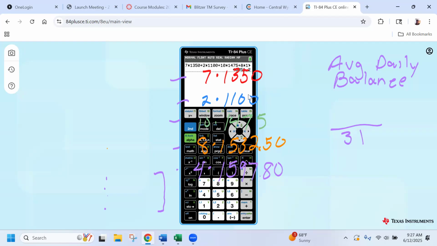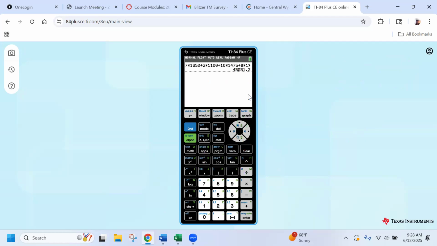I get a total that I can't read, so I'm going to erase the writings now because I got all those put in. I've got a total of 45,051.20, and I have to divide that by the number of days, 31, to get my average daily balance.